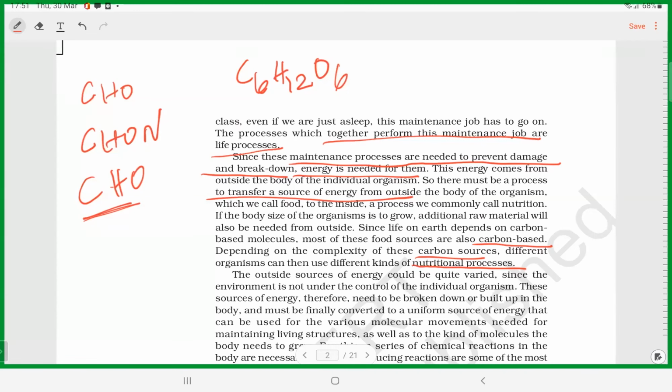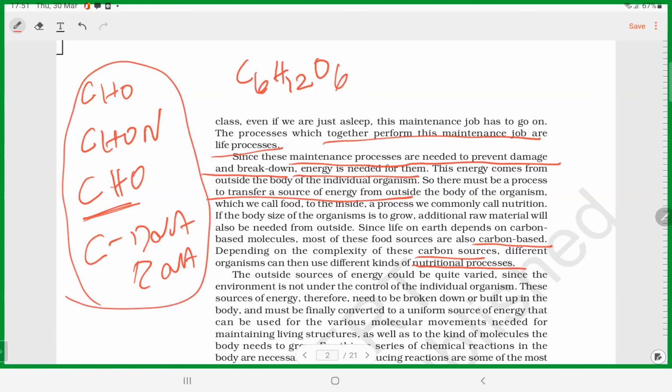Again, carbon. Nucleic acids: again, a 5-carbon sugar. You can see DNA, RNA, ribose sugar, deoxyribose sugar. That you will see in higher classes, maybe in genetics. So again, carbon. Is it clear? That's why all living organisms require carbon-based food, organic molecules.